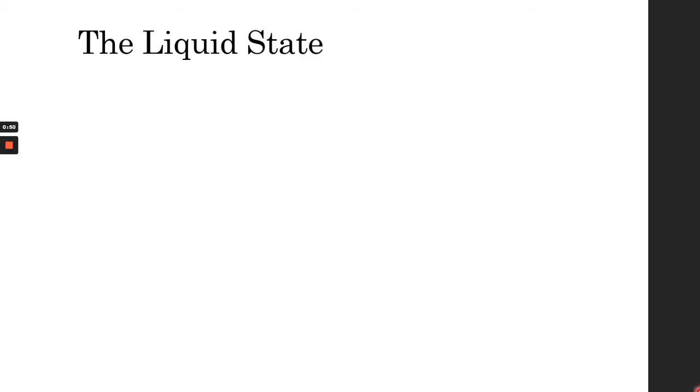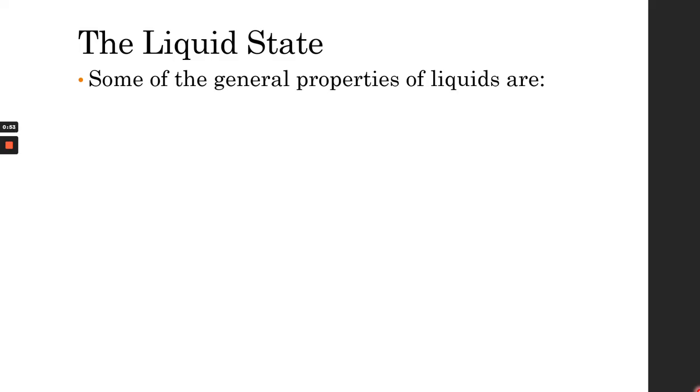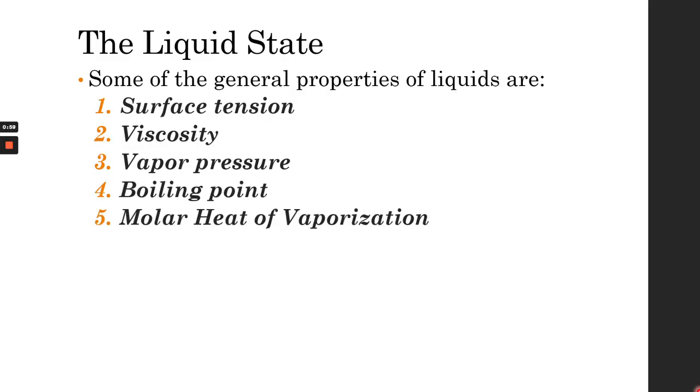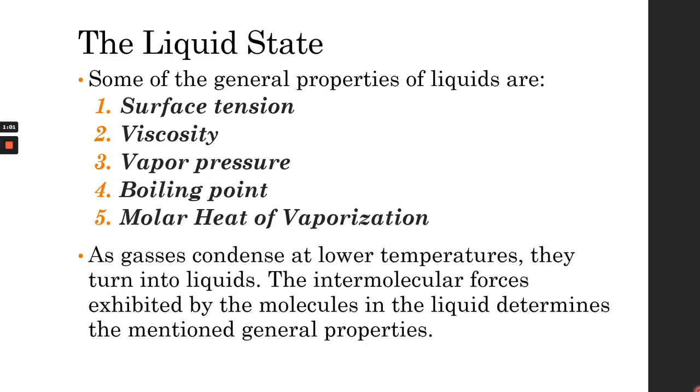Let's start with the liquid state. Some of the general properties of liquids are surface tension, viscosity, vapor pressure, boiling point, and molar heat of vaporization. As gases condense at lower temperatures, they turn into liquids. The intermolecular forces exhibited by the molecules in the liquid determine the mentioned general properties.